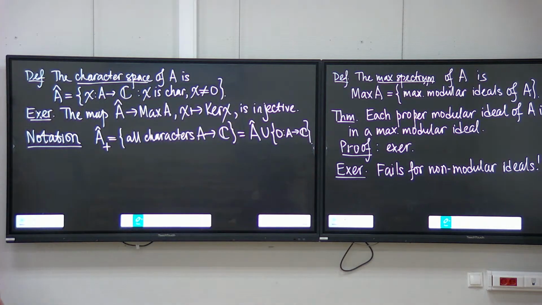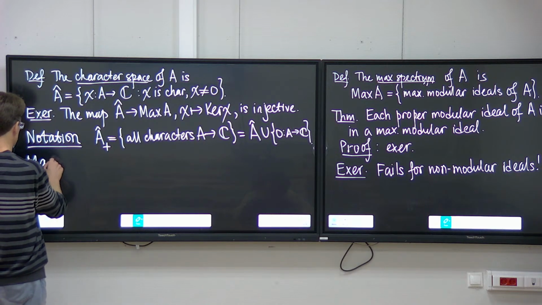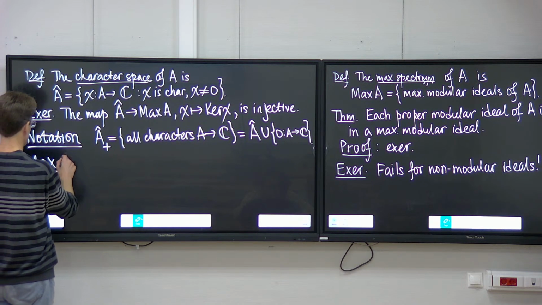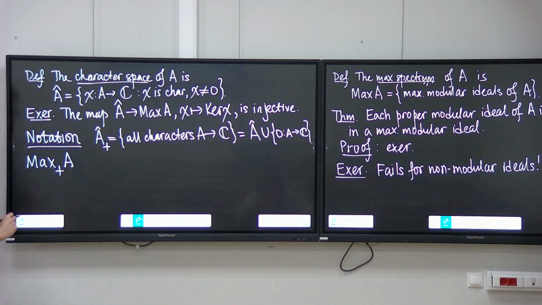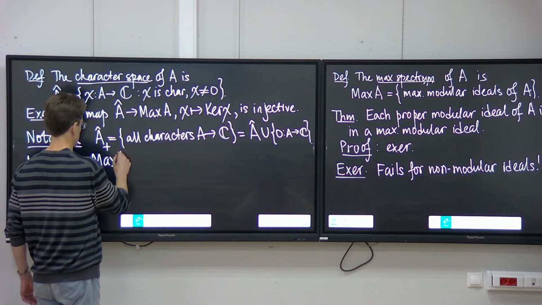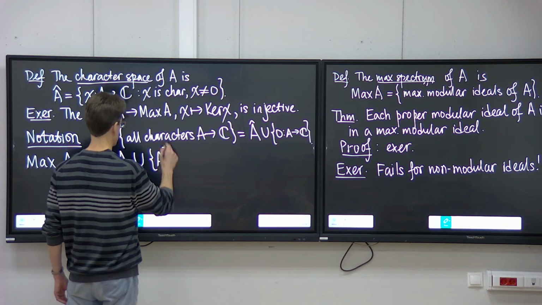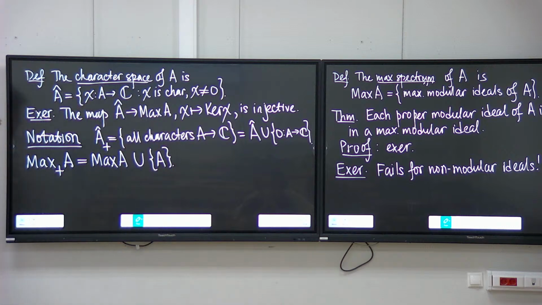And also we enlarge the maximal spectrum. We introduce the set max plus of A, which is the union of the maximal spectrum and the algebra A itself. So we consider A as an ideal in itself.